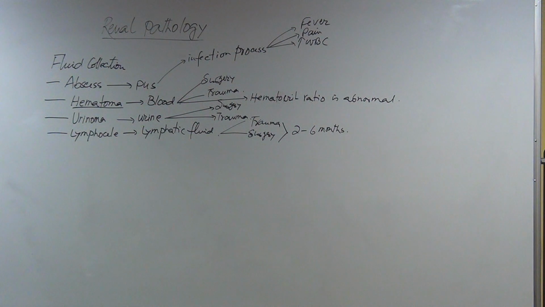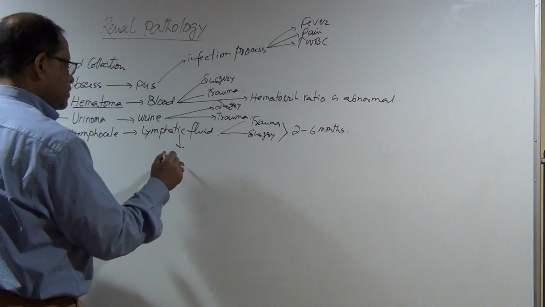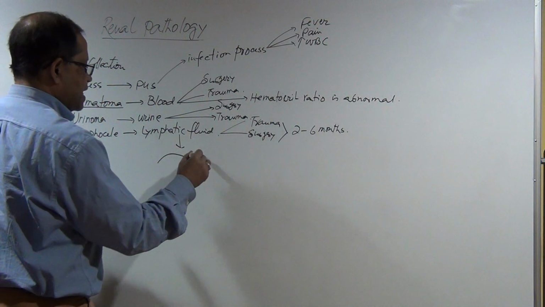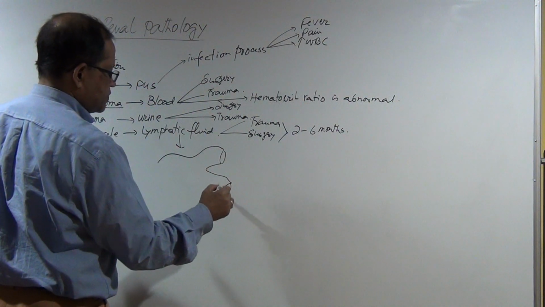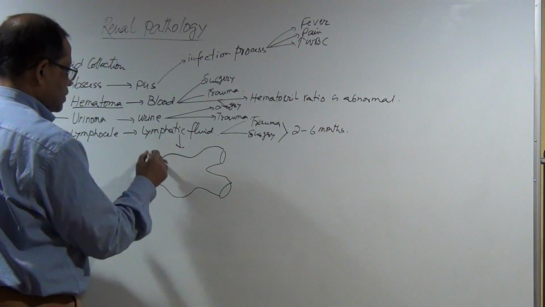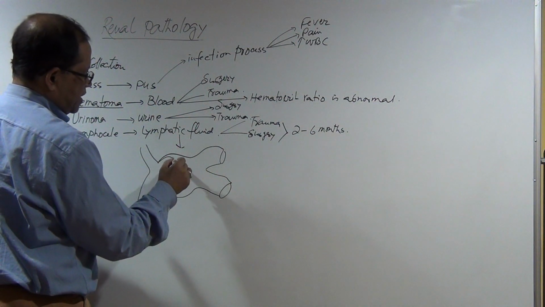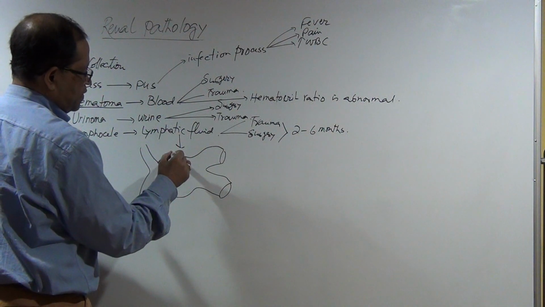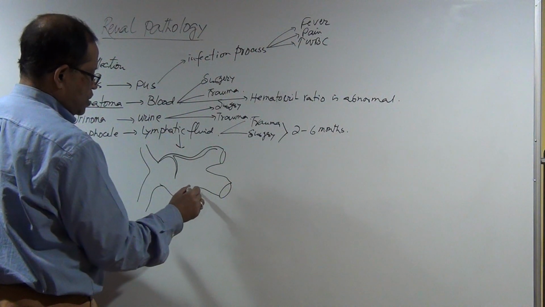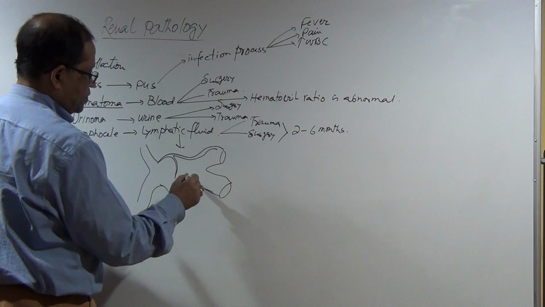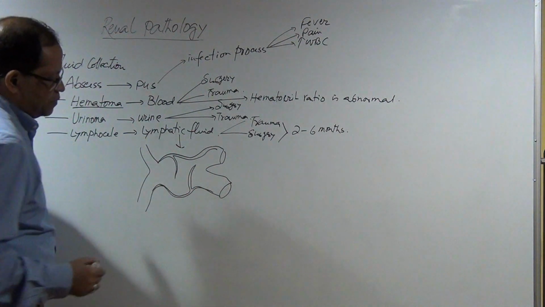Sonographically, how do I know this is a lymphocele? Lymphocele is collected inside the lymphatic vessels. Usually lymphatic vessels have a lot of valves.